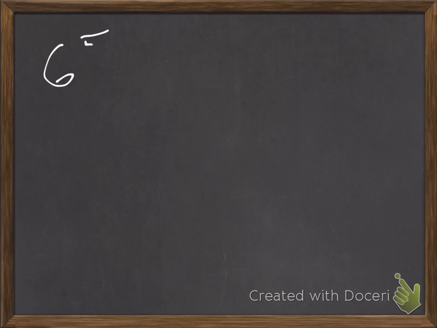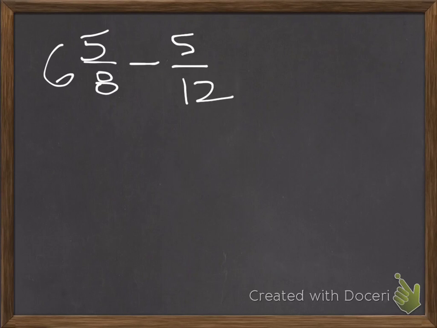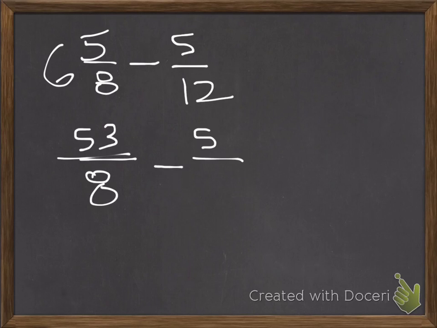The next one, 6 5/8 minus 5/12. Change it to an improper fraction. Oh, that's right, 48. Having trouble adding there, 53 over 8 minus 5/12.